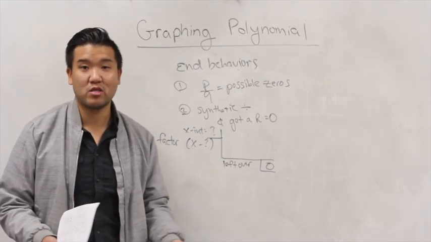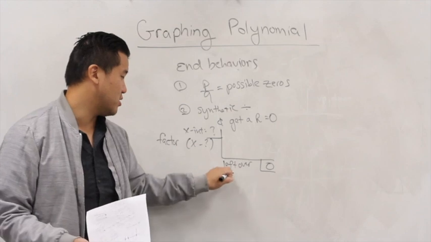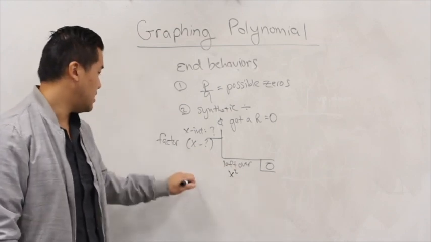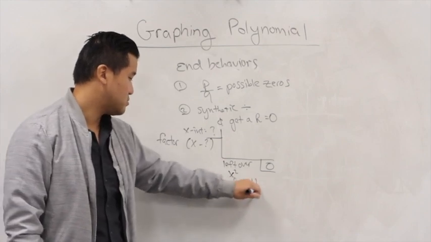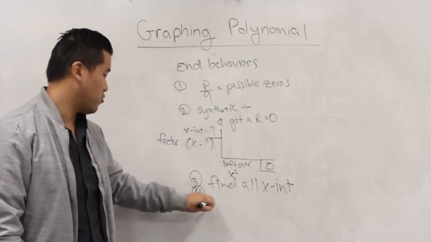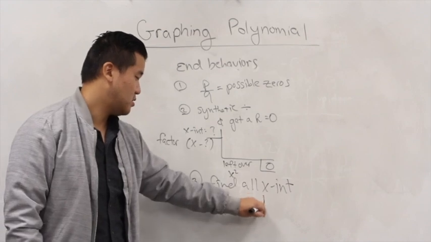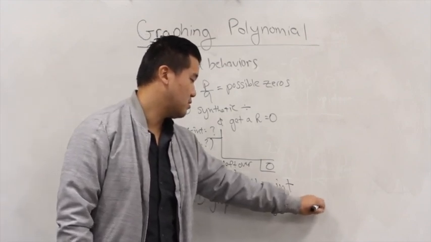If grouping doesn't work, then we have to do synthetic division again until we break it down into x squared. Our goal is to get a quadratic here. Then step 3, find all x-intercepts. And then step 4, you're going to graph them: graph the x-intercepts, y-intercepts, and then end behavior.